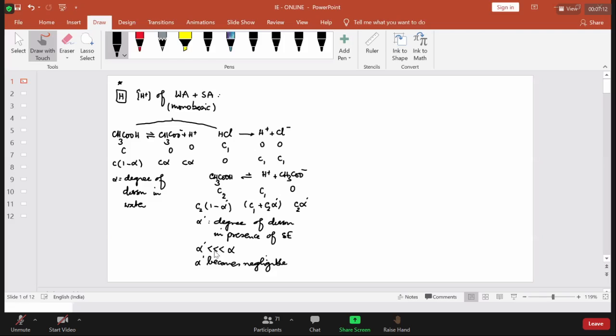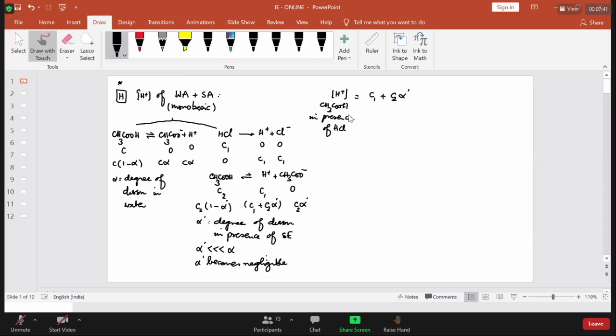Because of the common ion effect. H plus ion concentration is C1 plus C2 alpha dash.